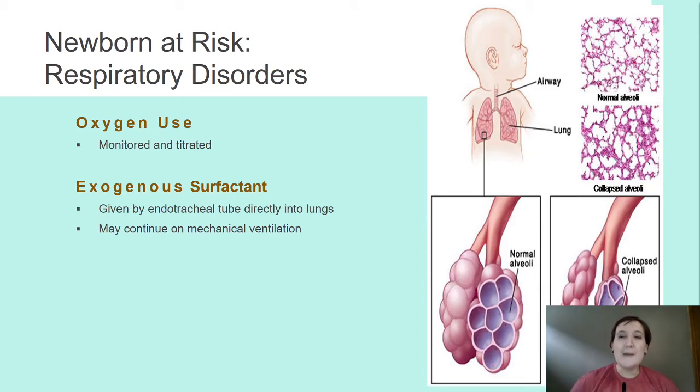We're going to monitor and we're going to titrate the oxygen use. These babies, within the first 10 minutes of delivery, okay, go back to your very Unit 1 information, okay? How many processes have to occur in that newborn's brain in order for them to breathe on their own?